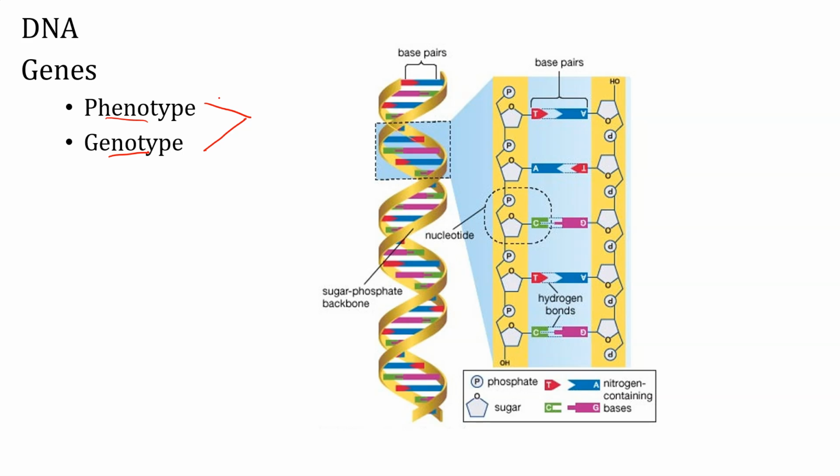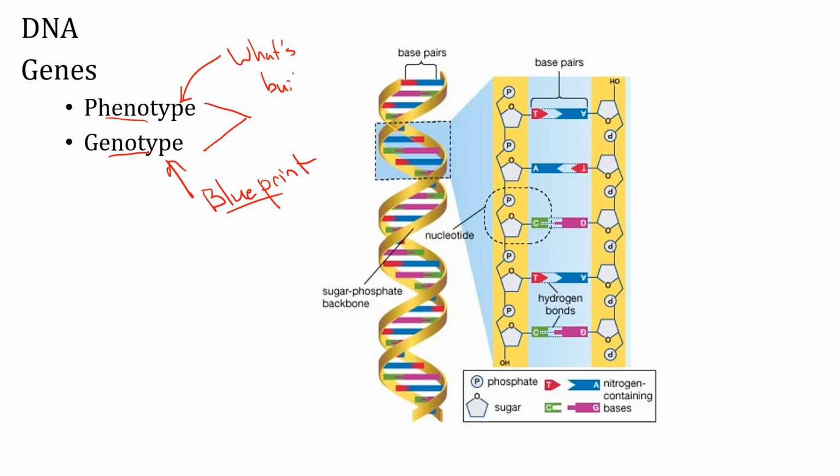That analogy gets to the heart of the difference between these two words. The genotype would be like the blueprint. So this is the actual instruction manual, the letters or the diagrams on the blueprint, so to speak. The phenotype then is what's actually built.